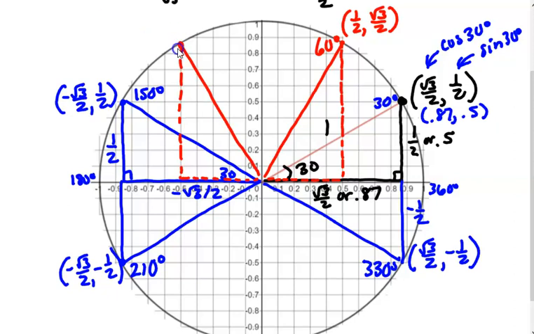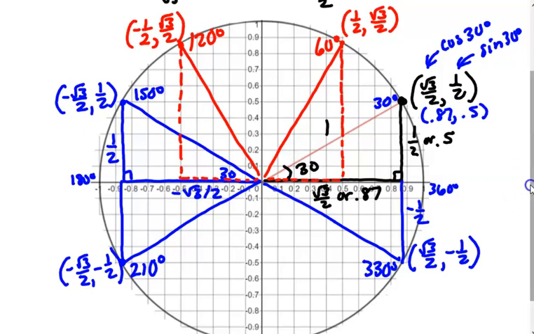And since 180 minus 60 would give me 120, this is a 120-degree angle. It would have an angle of 60 between this angle and the x-axis. So this is 120. Its x-coordinate is still 1/2 but negative. The y-coordinate is still square root of 3 over 2.